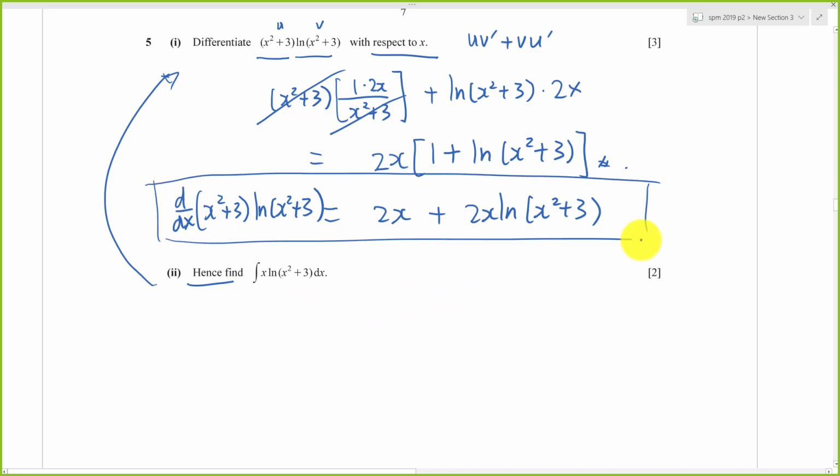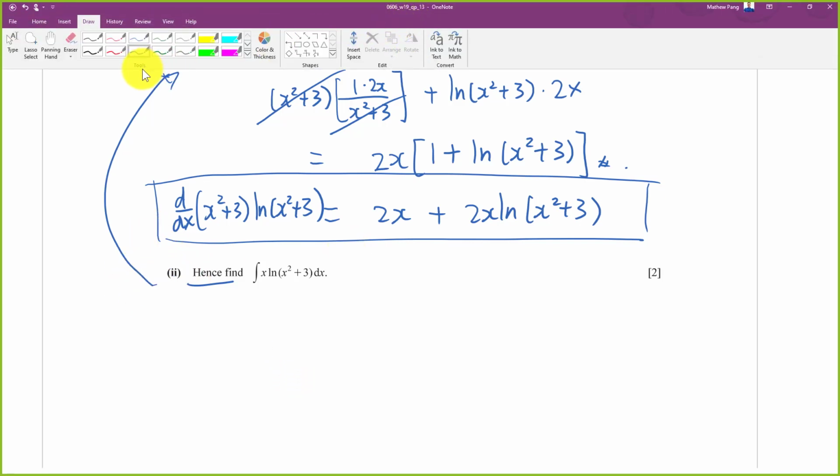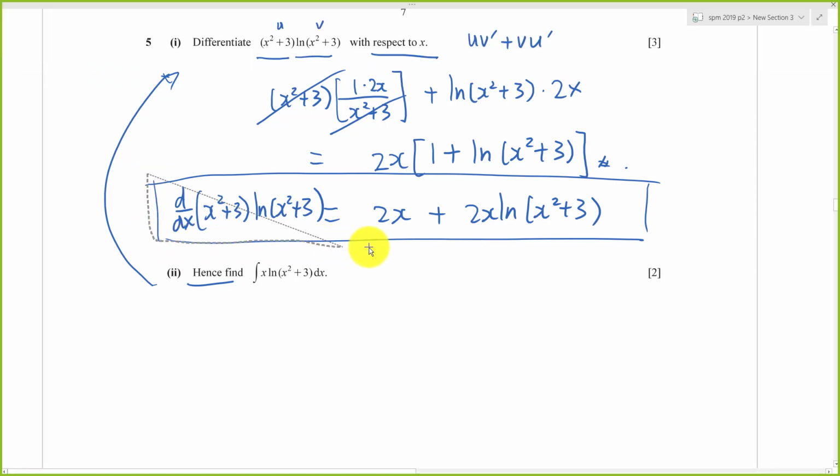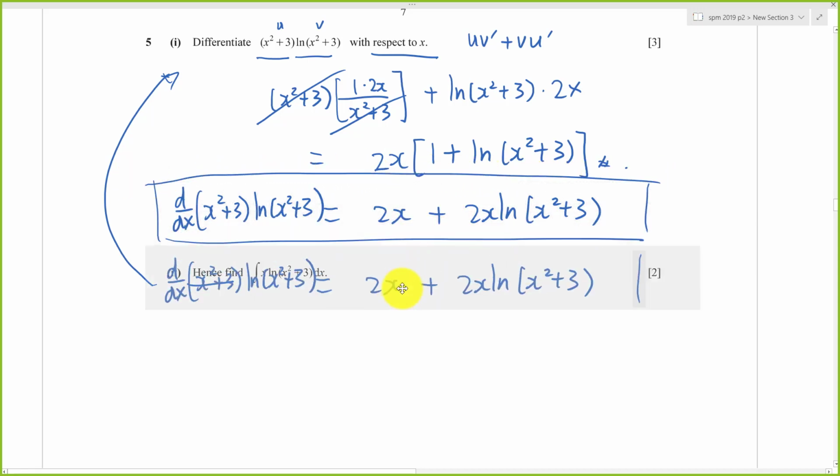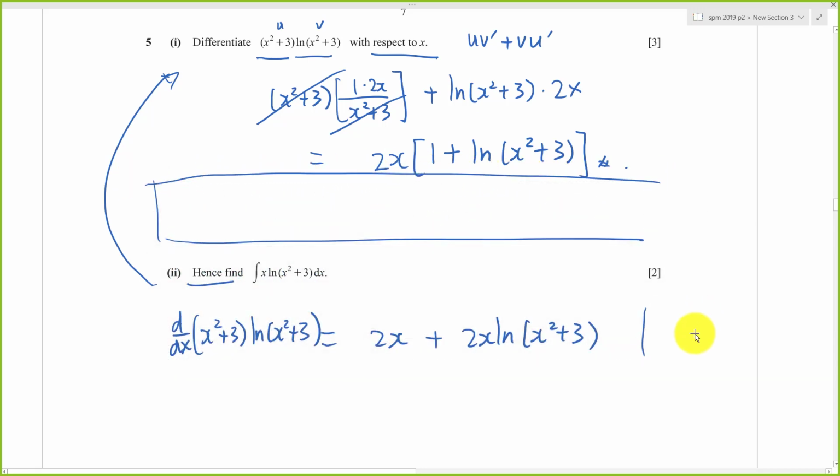I want to copy the whole thing to the bottom here. So let me see, do I have anything I can use to copy here? Yeah, nice. So you can see I am actually copying it right at the bottom here.